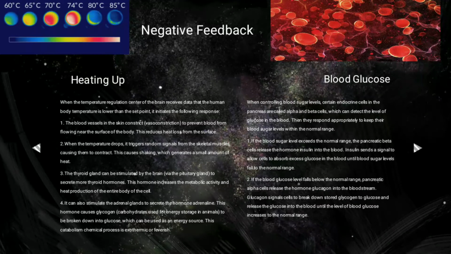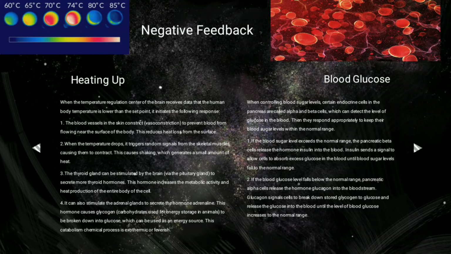Blood glucose. Another negative feedback. When controlling blood sugar level, endocrine cells in the pancreas called alpha and beta cells can detect the level of glucose in the blood. Then they respond appropriately to keep the sugar level within the normal range.